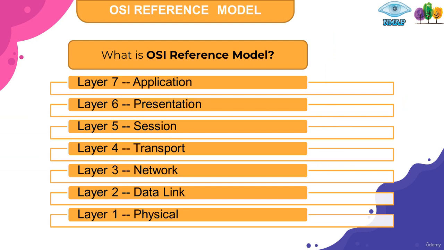So what is the OSI reference model? If you haven't encountered it before, the OSI, or Open Systems Interconnection, is a model that was developed in 1984 by ISO, the International Organization for Standardization.